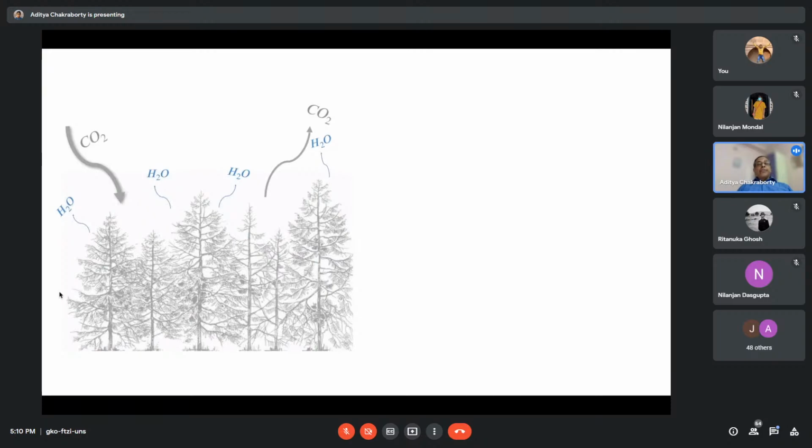So if a forest or an ecosystem absorbs more carbon dioxide and releases less CO2 through respiration, then we can say the ecosystem is acting as a sink of carbon.